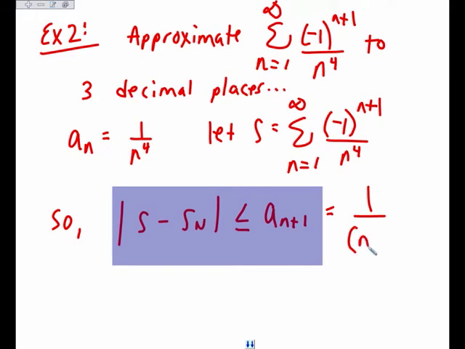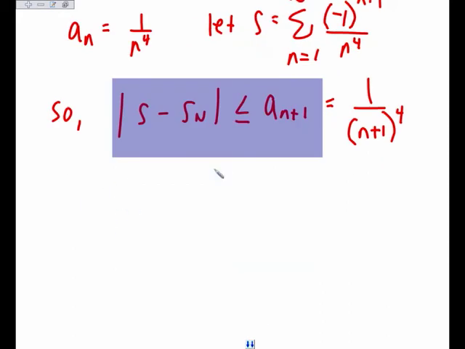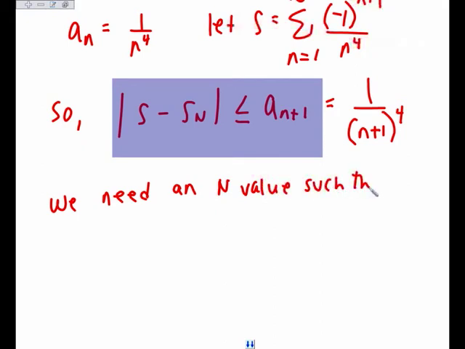So here's what we need to do. I recommend that you guys write this down, including the verbiage that you'll see me writing down here, because I believe it will be helpful. We're going to need an n value such that 1 over n plus 1 to the 4th is going to be less than 0.5, and wait, what was our standard? 3 decimal places?